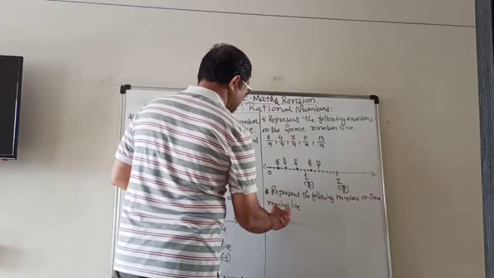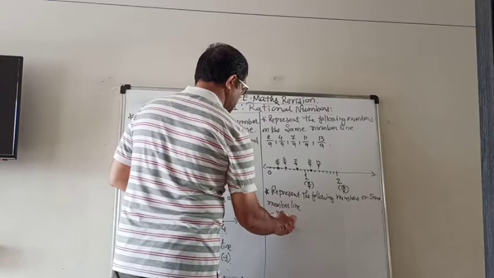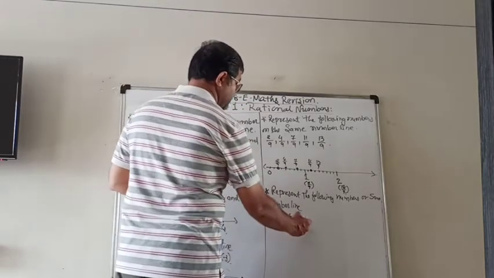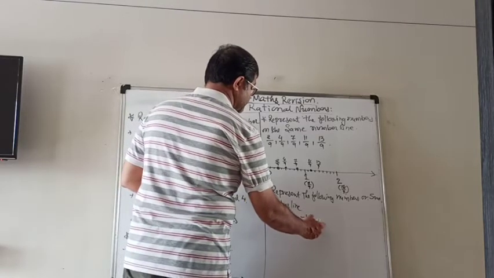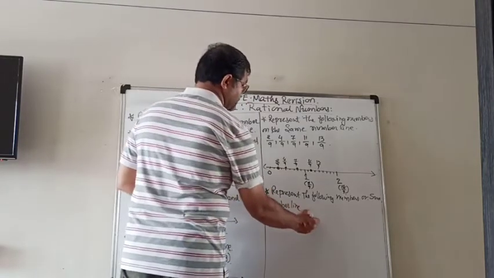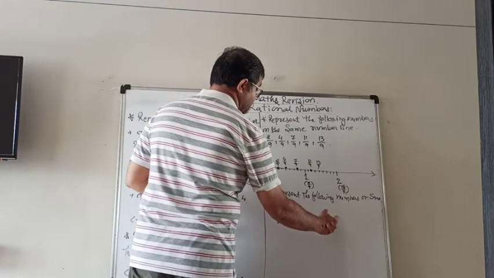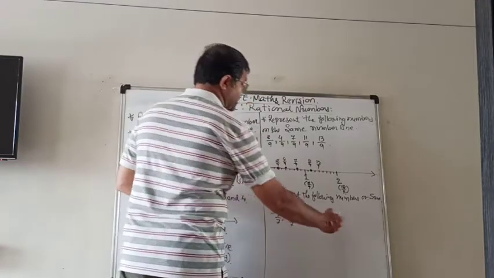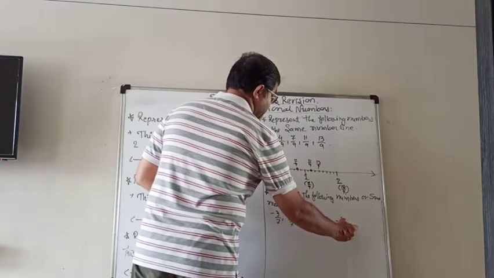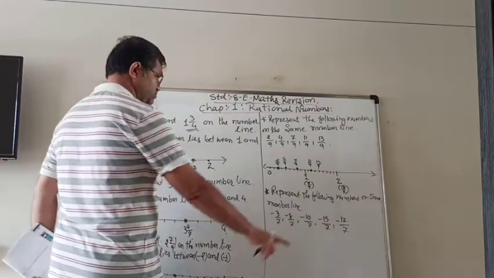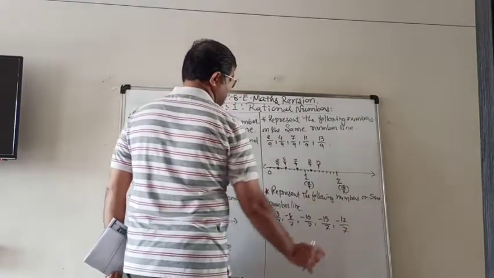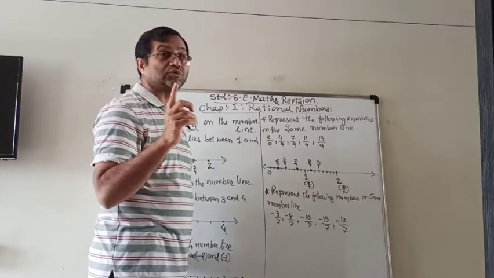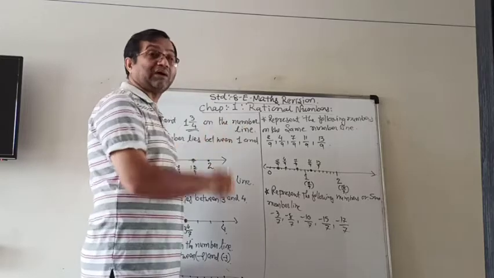Say minus 3 upon 7, minus 8 upon 7, minus 10 upon 7, minus 15 upon 7, and minus 17 upon 7. So if you divide 17 by 7, 7 2s are 14. It means it is more than negative 2. So we have to go more than minus 2 also.